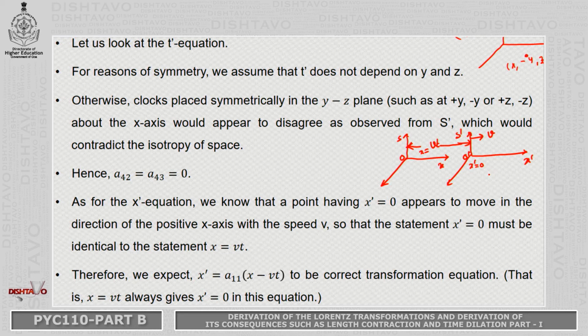So we expect that x dash is a11 times x minus vt to be the correct transformation equation, because if you substitute x equal to vt, you will get x dash equal to 0.